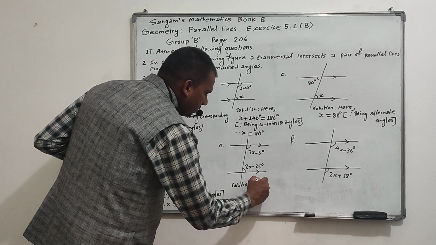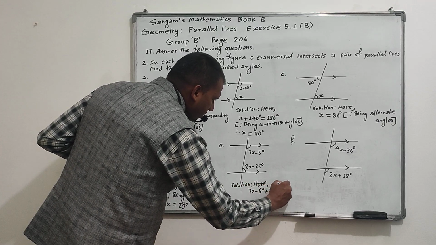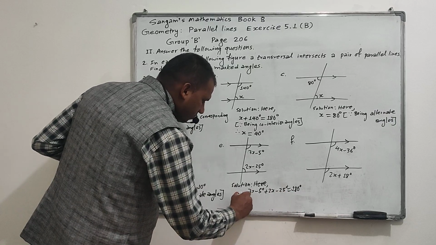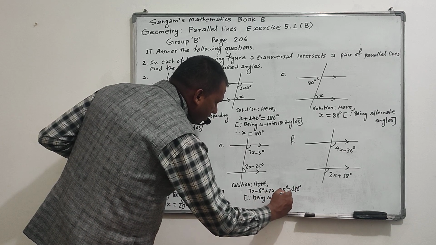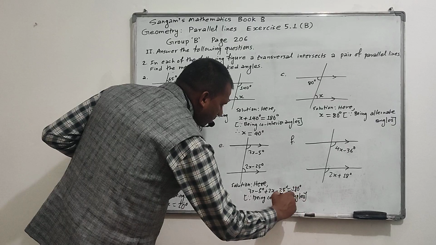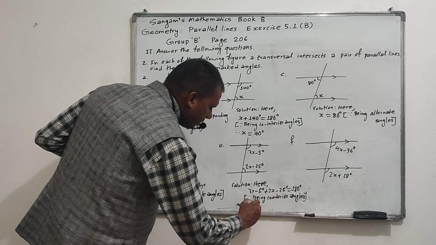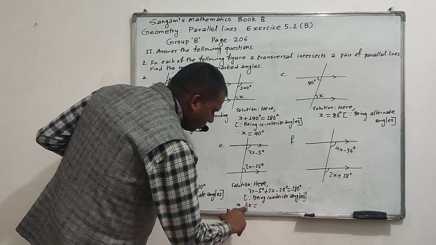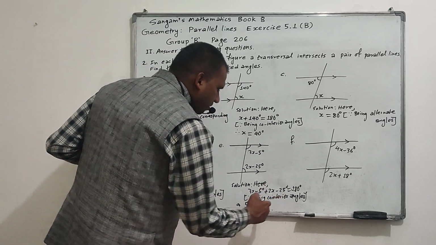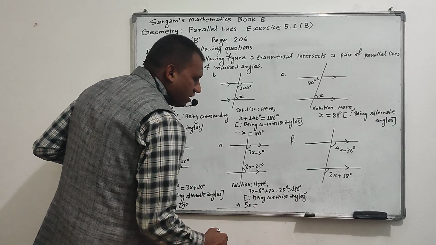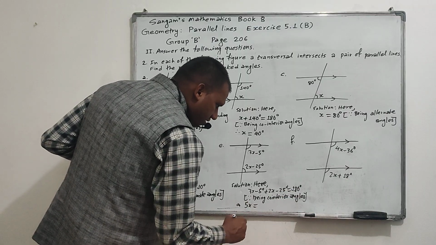So here 3x minus 5 degree plus 3x minus 25 degree equal to 180 degree, being co-interior angles, or 3x plus 3x, 6x equal to 180 plus 5 plus 25, that is 180 plus 30, 210.